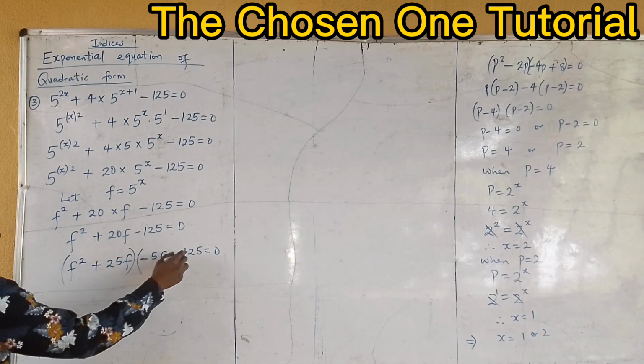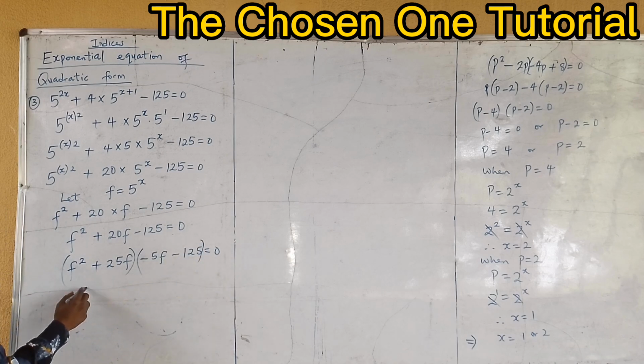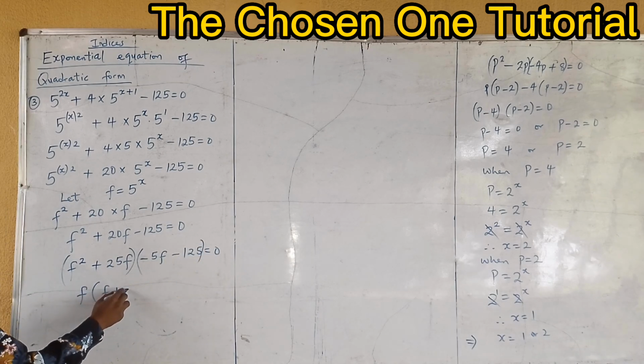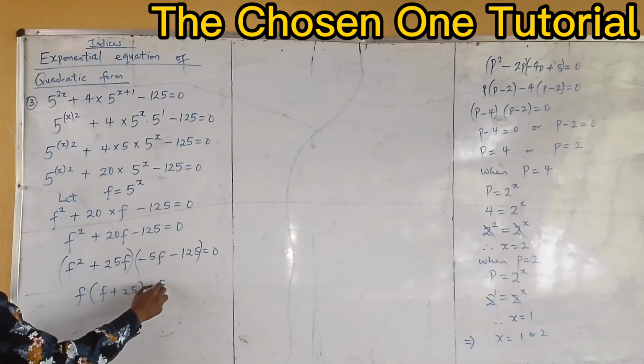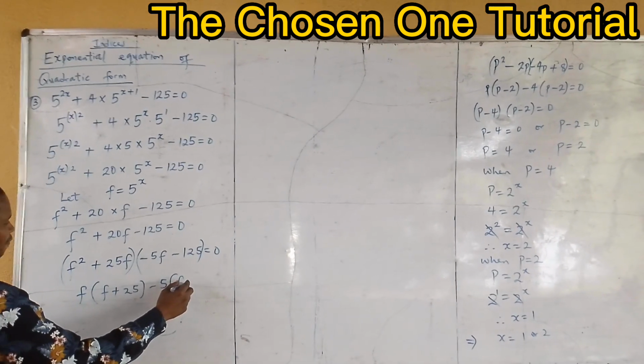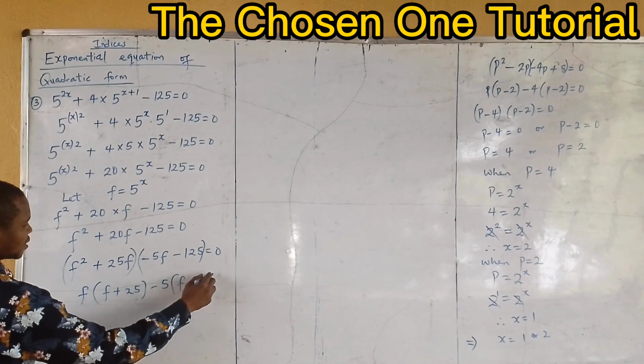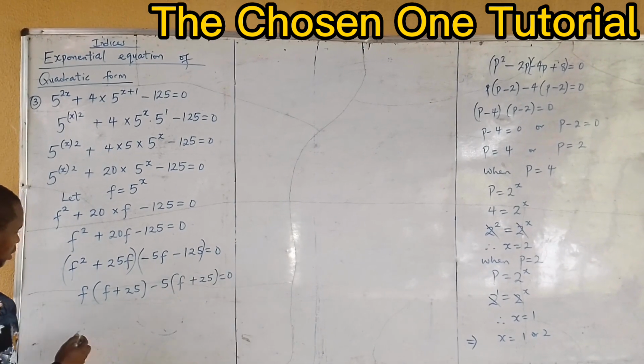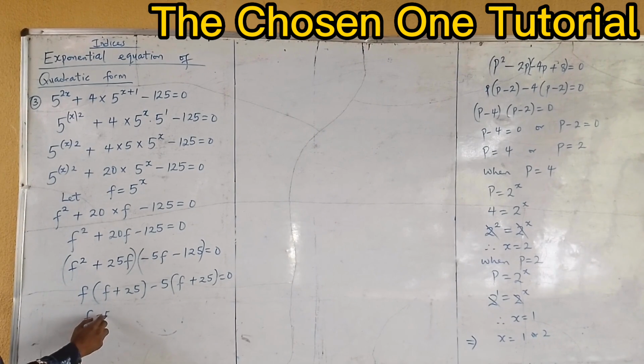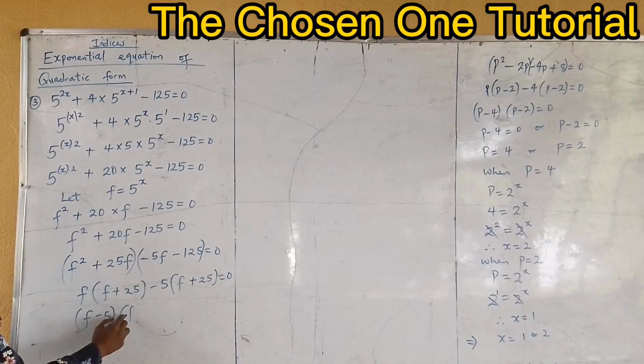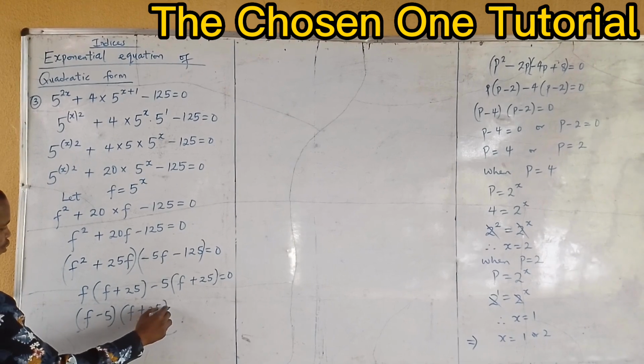We are going to group it. So we are going to have f(f + 25) - 5(f + 25) = 0. And we are going to have (f - 5)(f + 25) = 0.